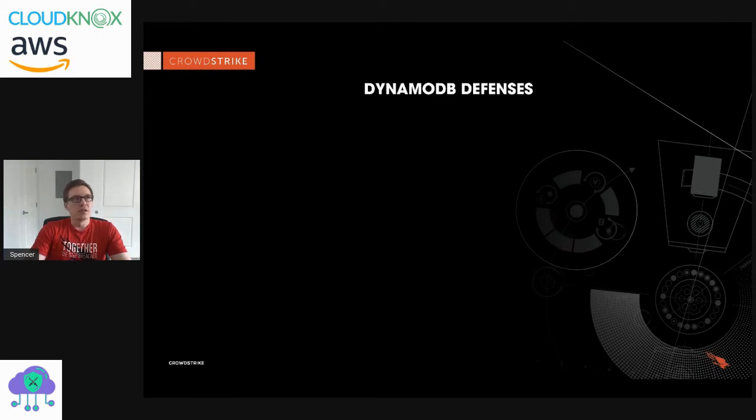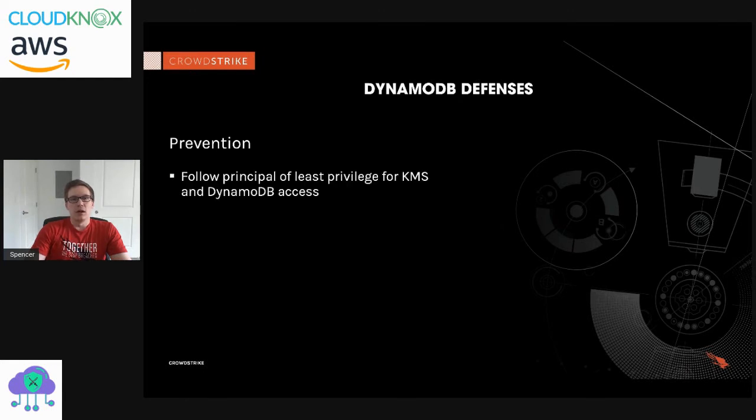In terms of defenses for DynamoDB, we'll do prevention and detection again. And again, the easy one, follow the principle of least privilege. For KMS, key policies, and then IAM permissions for DynamoDB and KMS applied to your users and roles. AWS backups.